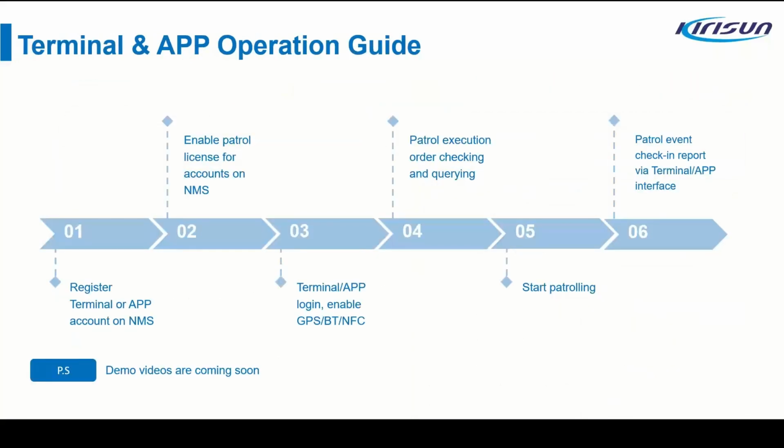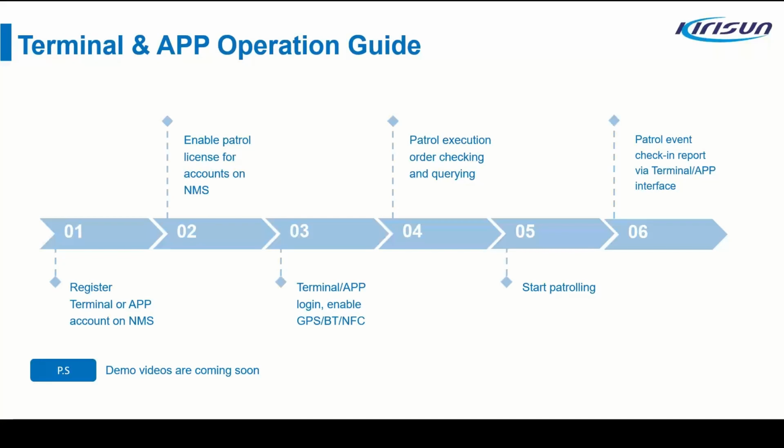Now, I would like to introduce the operations for terminals and APP. There are 6 steps. Step 1, register the terminal or APP account on NMS. Step 2, enable the patrol license for them. Step 3, log in to the terminal or APP and enable GPS, Bluetooth, and NFC.